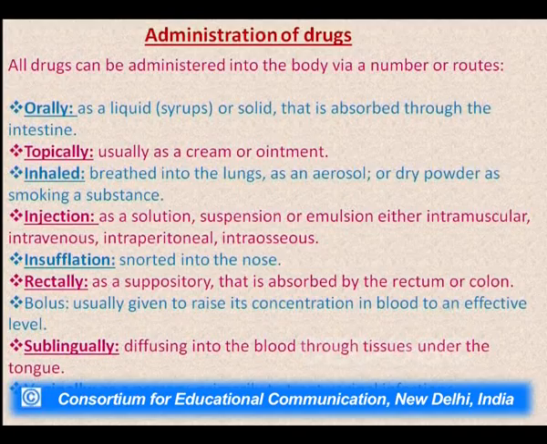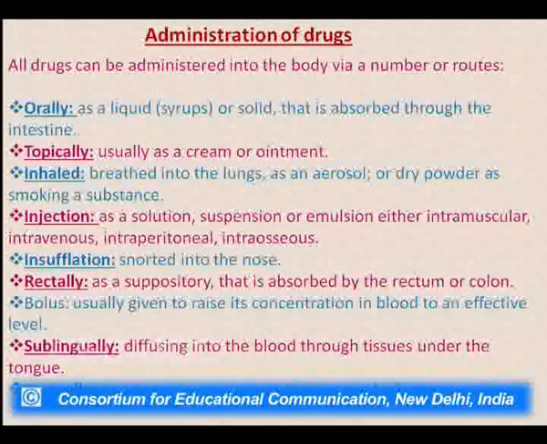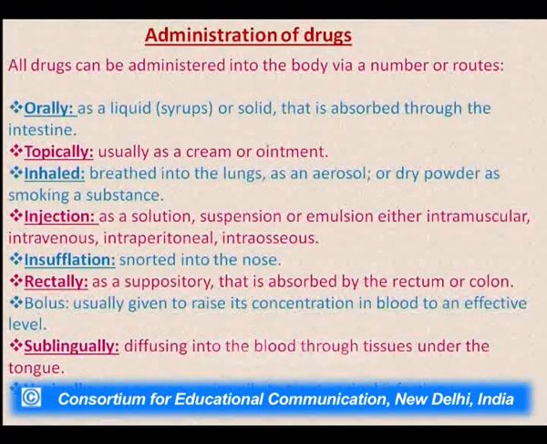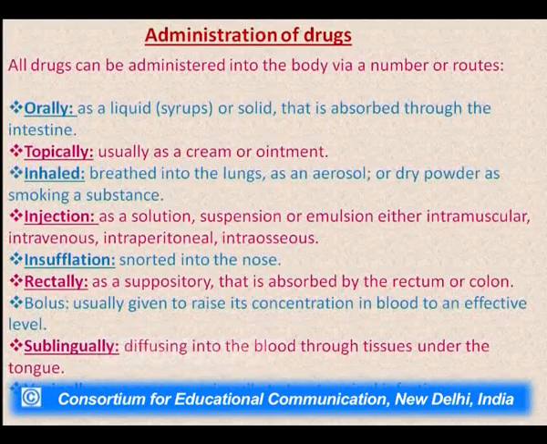These drugs can be inhaled, which is breathed into the lungs in the form of aerosols or in the form of dry powders as a smoking substance. It can be injected as a solution, suspension, or emulsion either through intramuscular, intravenous, intraperitoneal, or intraosseous routes.